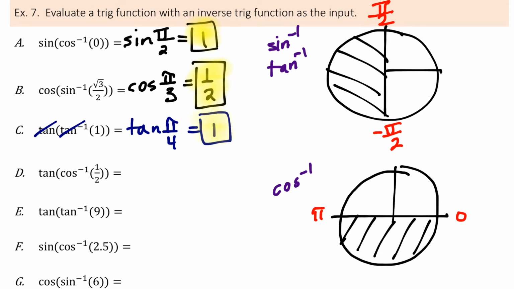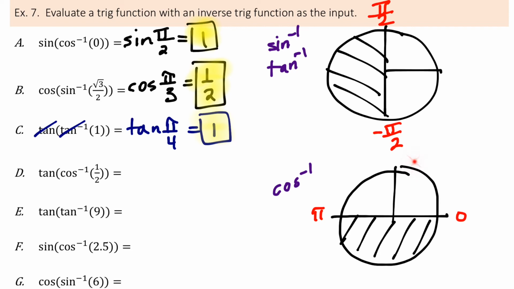All right, so on this one it says find the tangent of the angle whose cosine is 1/2. So we're dealing with the inverse cosine, so we're down here on this picture. If my cosine is positive 1/2, that means I'm up here at pi over 3.